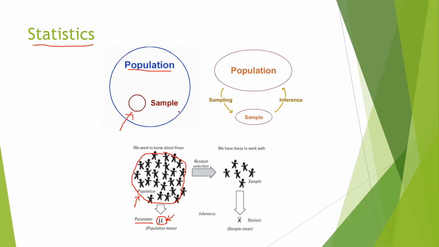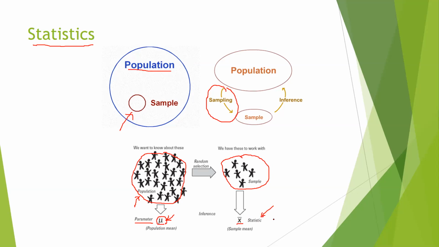So first we need to take a random sample from this population. This process is called sampling or data collection. Once you have a sample, you can simply calculate the sample mean, X bar. This X bar, the sample mean, is called a statistic.